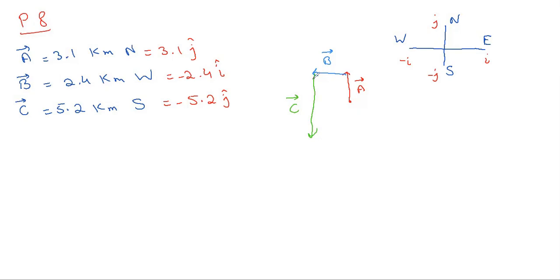We have to find how far and in what direction a bird would fly in a straight line from the same starting point to the same final point. So technically we have to find this vector. Let me call this vector R, our resultant vector.